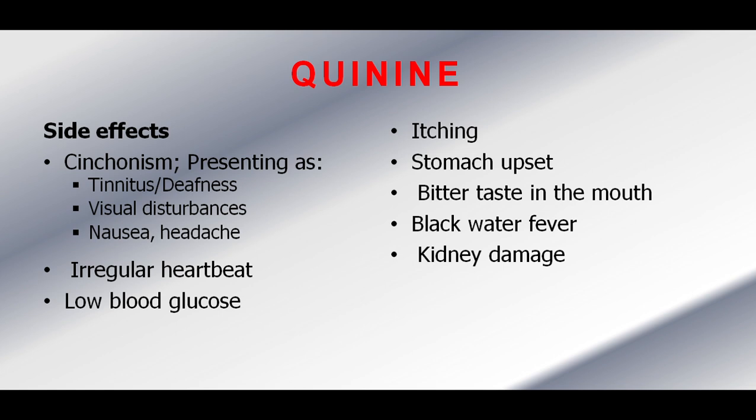Black water fever, if you have ever seen these people who become so ill of malaria that their urine turns dark, that is called black water fever, it is an indication that there is very severe hemolysis. A lot of red blood cells are being broken down and being excreted in urine.